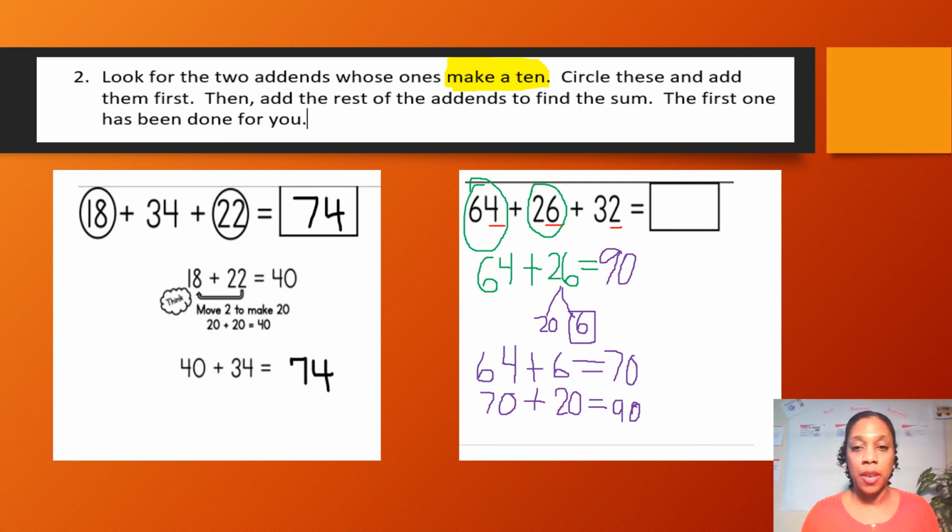However, I'm not finished because now I still have to add in my 32. So I'm going to add 32 to the 90 that I got from 64 plus 26. Therefore, 90 plus 32 equals 122.